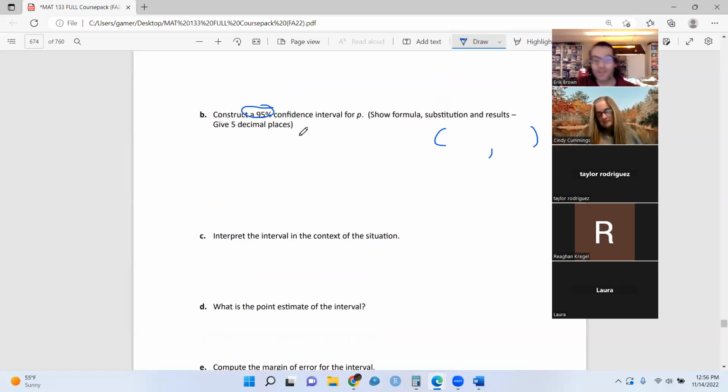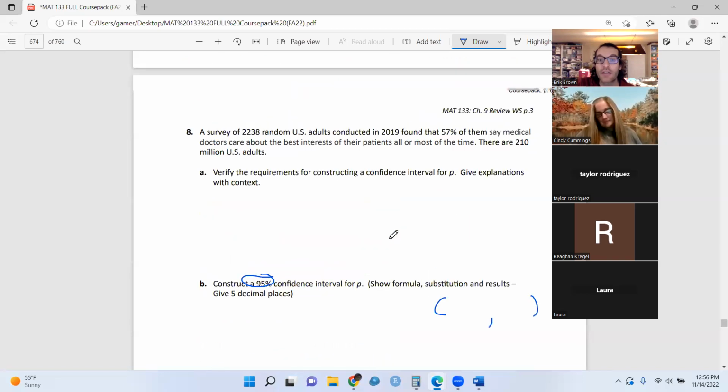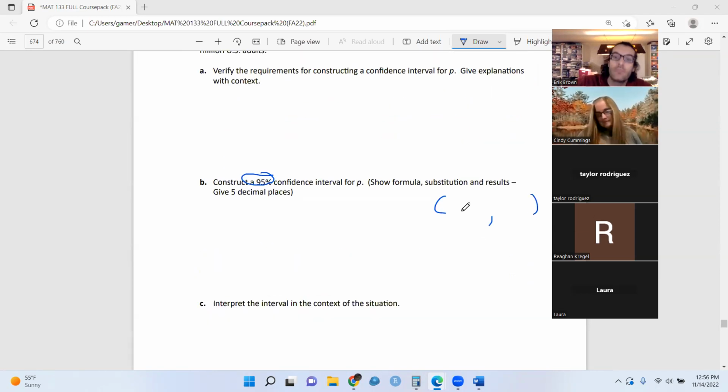We are 95% confident. Excellent. And then you're going to say that the true, and you're going to insert the word parameter, the true population parameter. In this case, that parameter is proportion. So the true proportion of US adults who say medical doctors care about the best interests of their patients all or most of the time is within this number and this number.